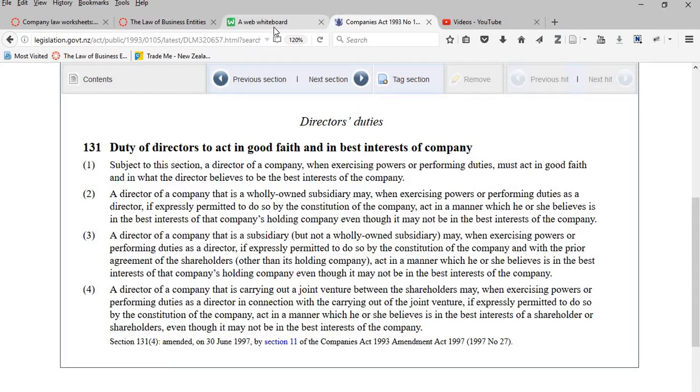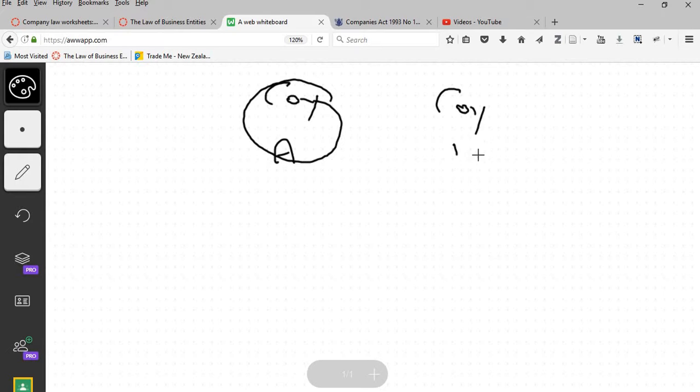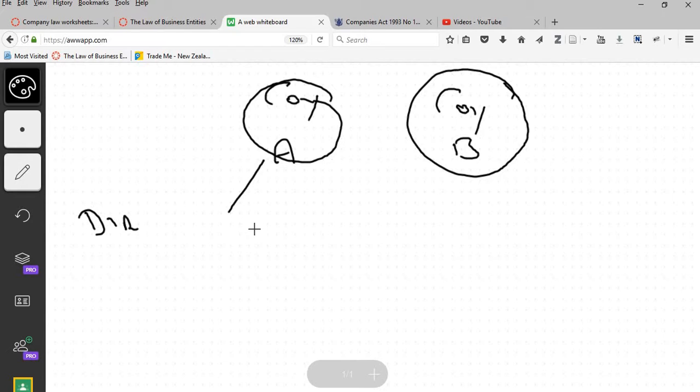Now, the problem we are looking at here is we have a company here, which we'll go back to a pencil. So we have company A, and we have company B. And if we just look at directors, we'll ignore shareholders for now. We have A and B are the directors.